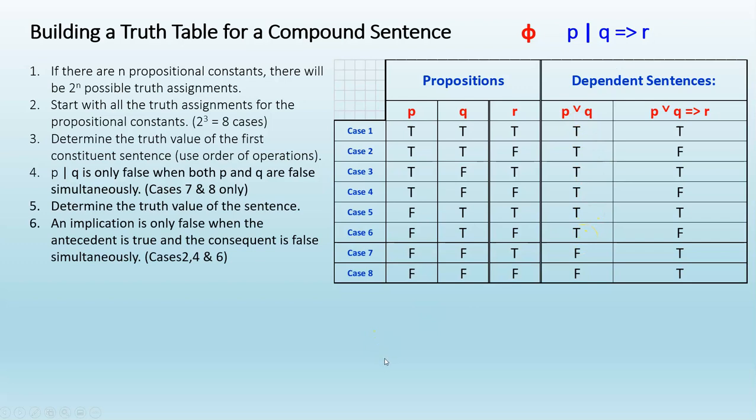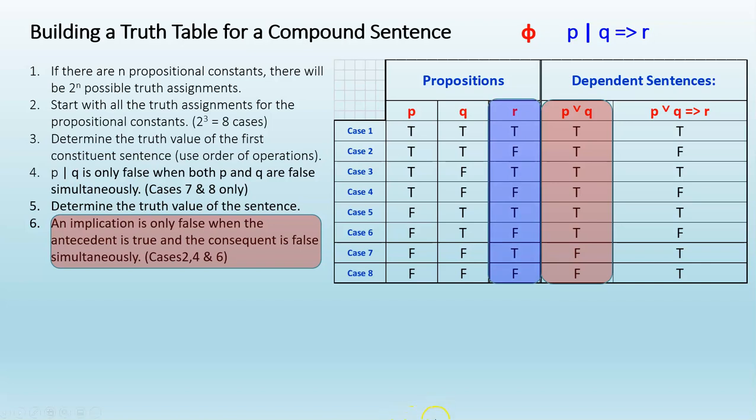Now you want to determine the truth value of the entire sentence. Reminding ourselves, an implication is only false when the antecedent is true and the consequent is false simultaneously. Those statements are really valuable. I'm going to highlight in pink here the antecedent, and in purple the consequent.